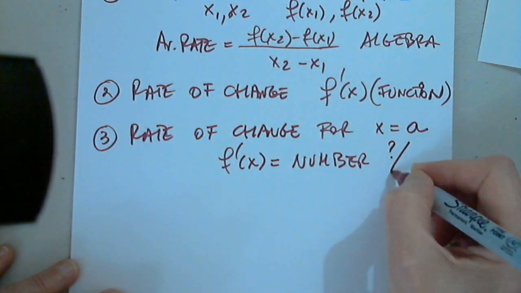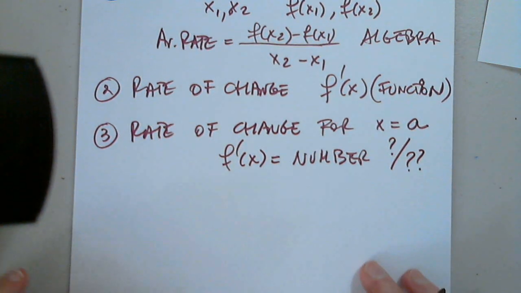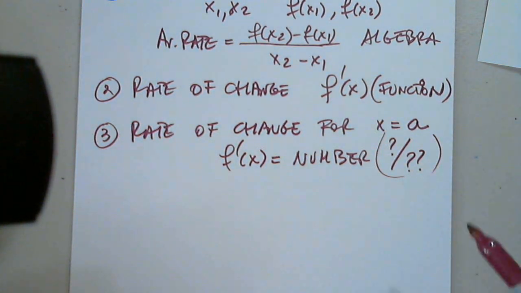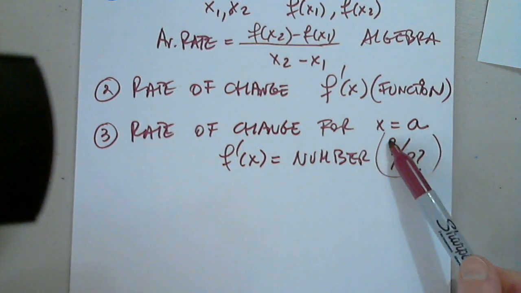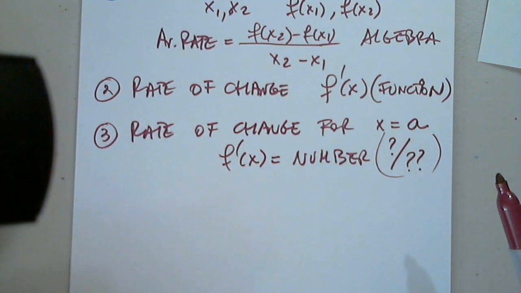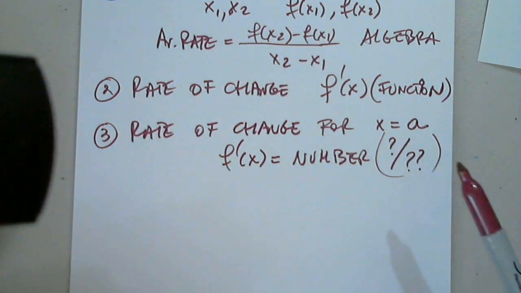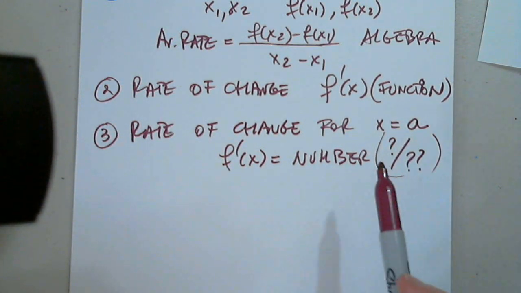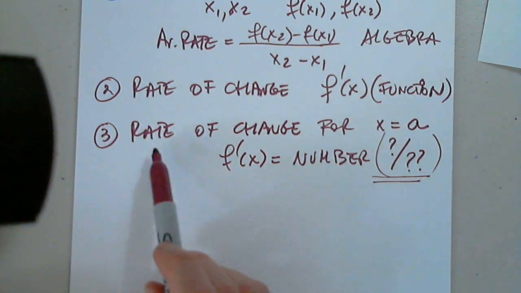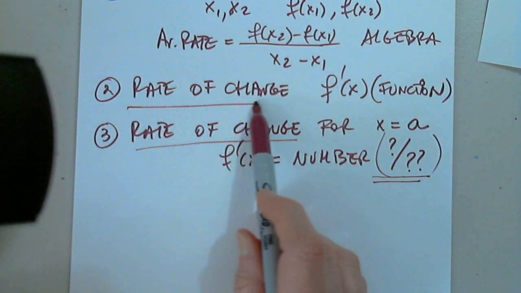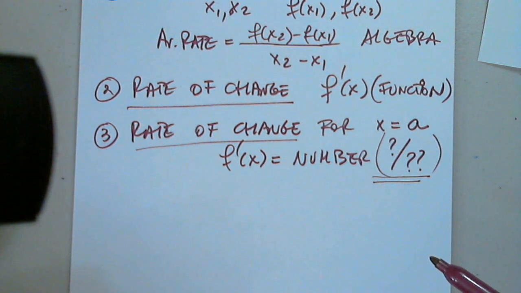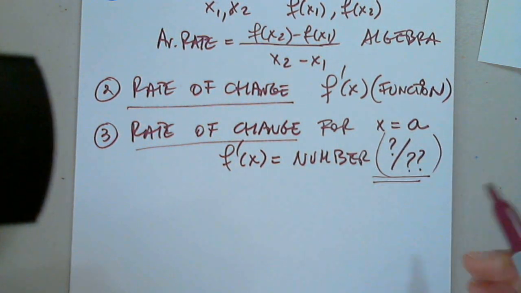So it's something over something else. Meters per second, feet per hour, dollars per unit. So please remember the measurement unit for any rate of change is composed of two measurement units.